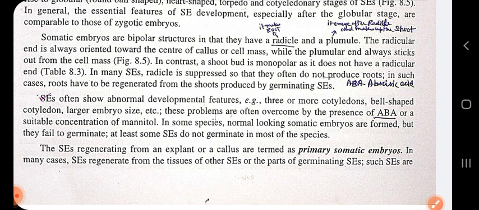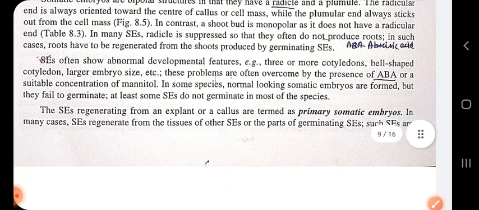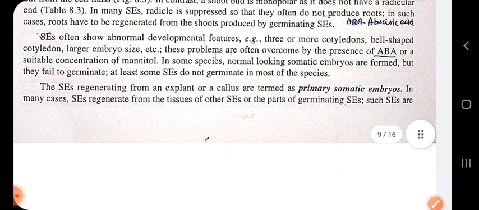Now, in some species, normal looking somatic embryos are formed, but they fail to germinate. That means they become sterile. In most species, at least some somatic embryos do not germinate, so we have to cultivate more and more somatic embryos so at least some of them can generate a new plant. In this way, somatic embryo formation occurs.